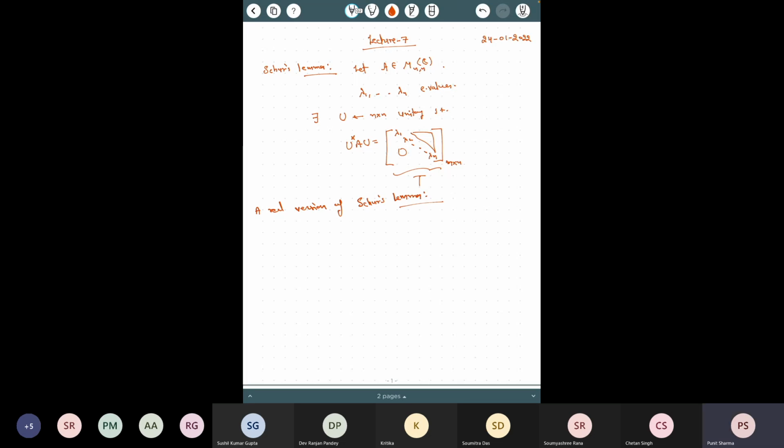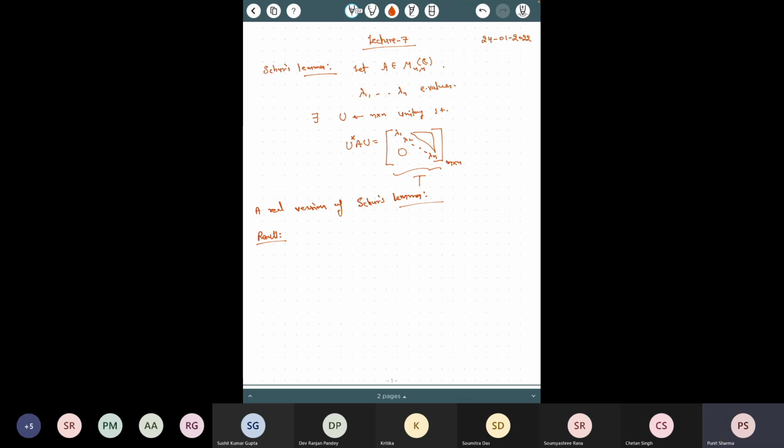Okay, so this I will give, but before that, let me state this result first. As I mentioned earlier, there are examples like the real rotation matrix, which doesn't have real eigenvalues.